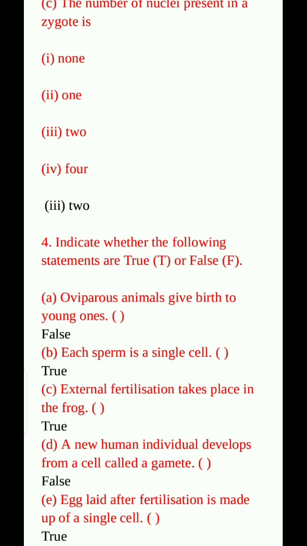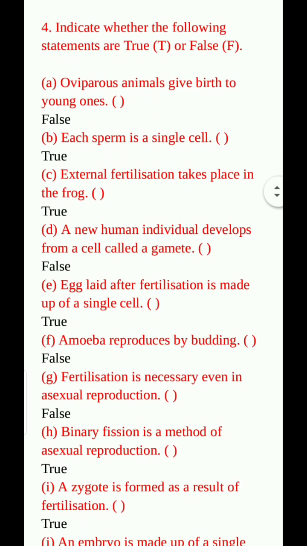Question number 4. Indicate whether the statement is true or false. Oviparous animals give birth to young ones: False. Each sperm is a single cell: True. External fertilization takes place in the frog: True. A new human individual develops from a cell called a gamete: False.